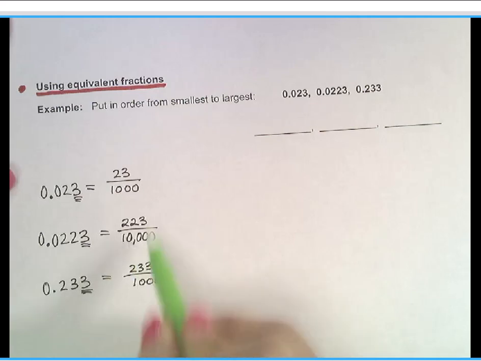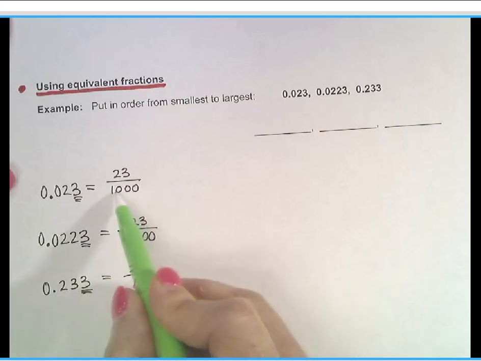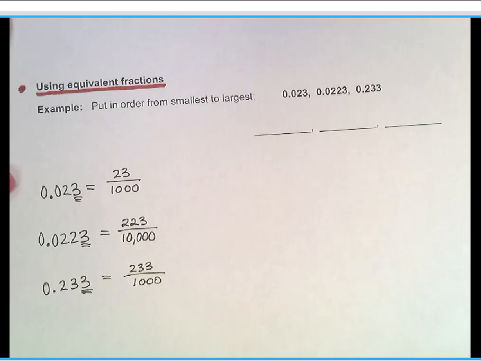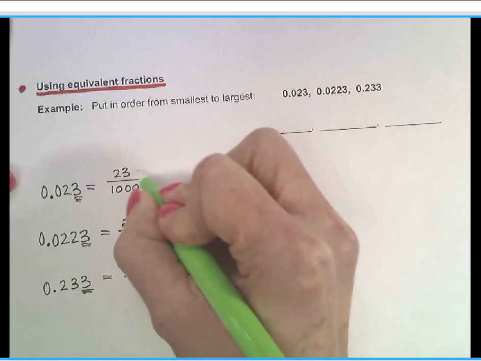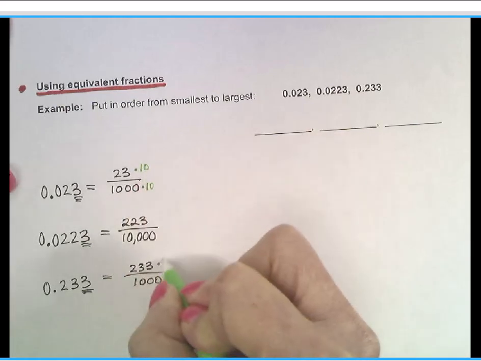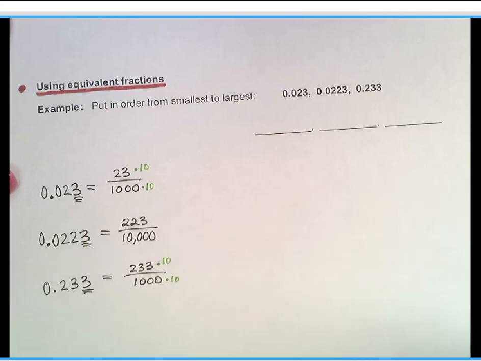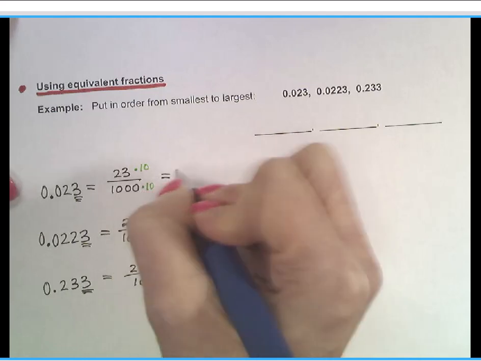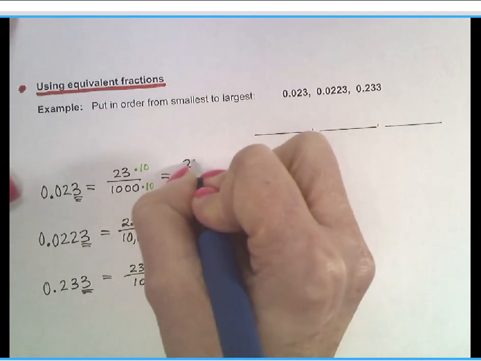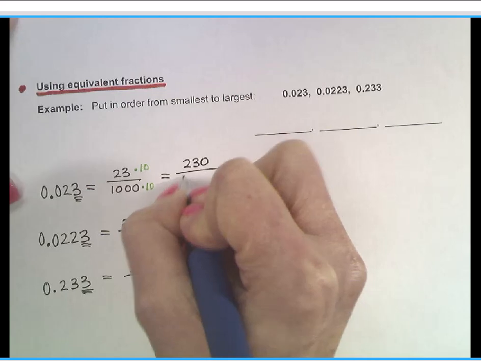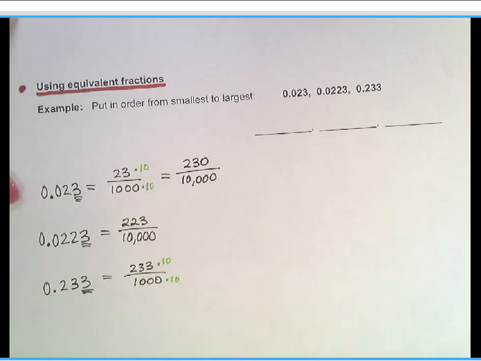So think about how many zeros I would have to add to get 1,000 to go to 10,000? You'd have to add 1 zero. So that's like multiplying by 10. So I'm going to have to multiply these that are thousandths by 10 so that they look like 10,000ths. So that's going to make 230 10,000ths.